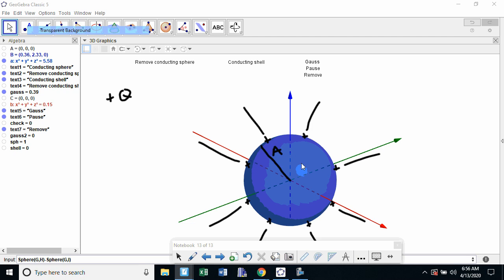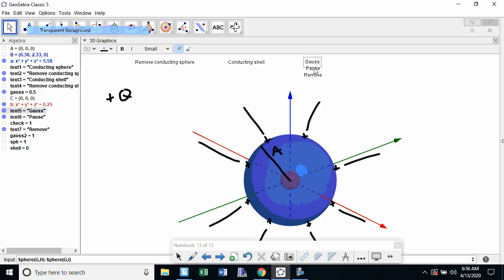And what I'm going to do is start with the smallest Gaussian shape possible, and that would be a sphere centered here at the same center as my conducting sphere. And I'm going to grow that Gaussian surface, increasing the radius of the Gaussian sphere until I enclose some of the charge.